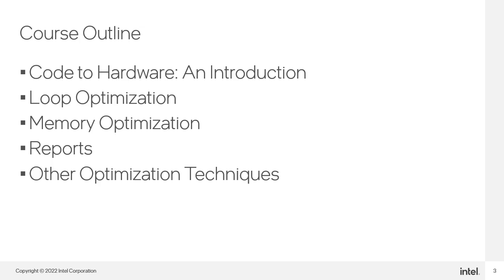This training will first introduce the concept code to hardware, then go over loop optimization, memory optimization, reports, and some other optimization techniques that are available to use with OneAPI that can enhance design performance on FPGA.